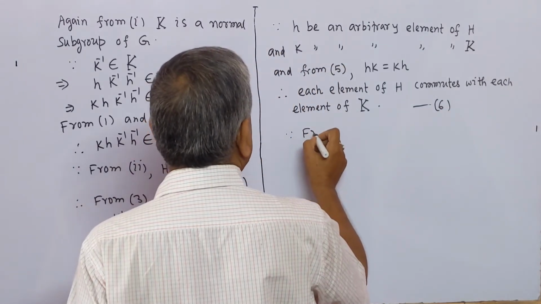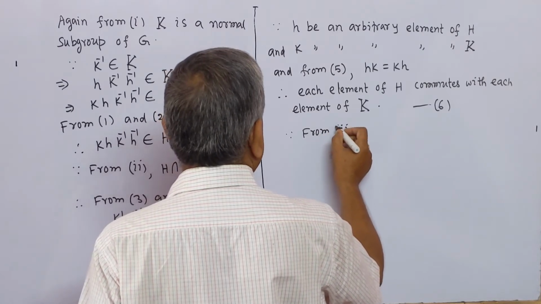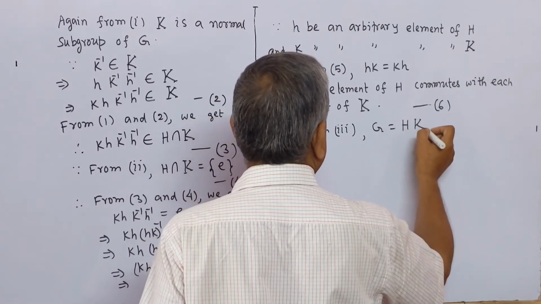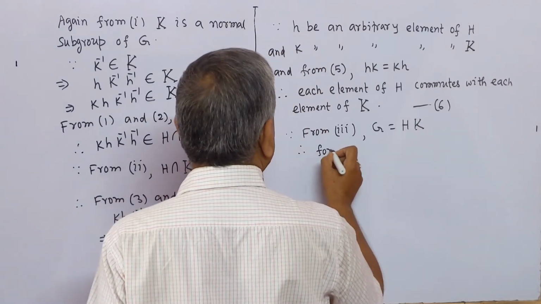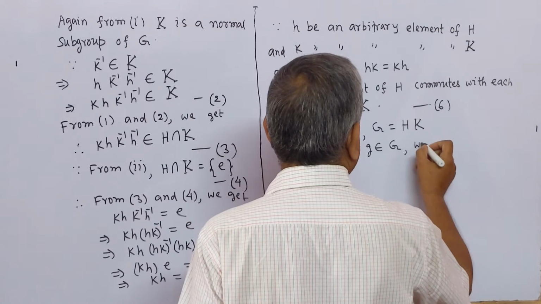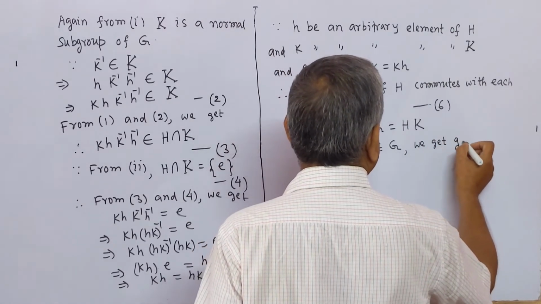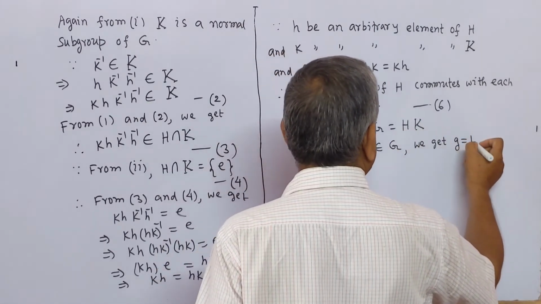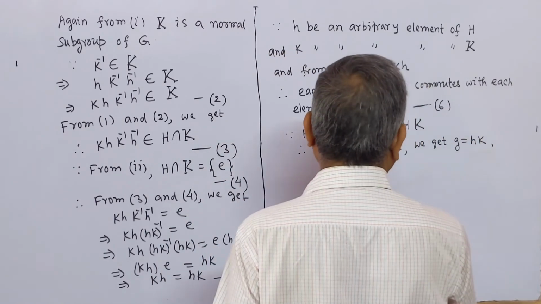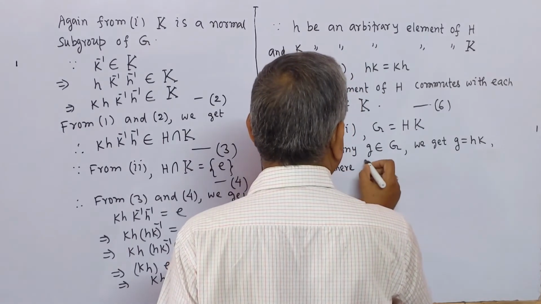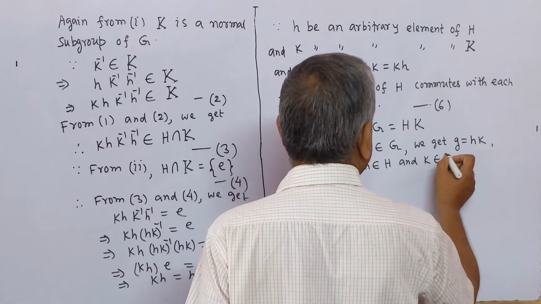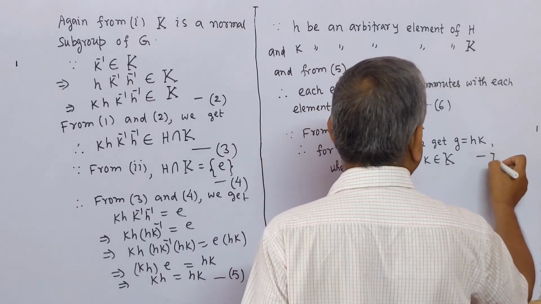Since from 3, G equals HK, for any small g belonging to group G, we get g equal to an element of subgroup H operated with an element of subgroup K, g equals hk, where small h belongs to subgroup H and small k belongs to subgroup K. Let this be number 7.